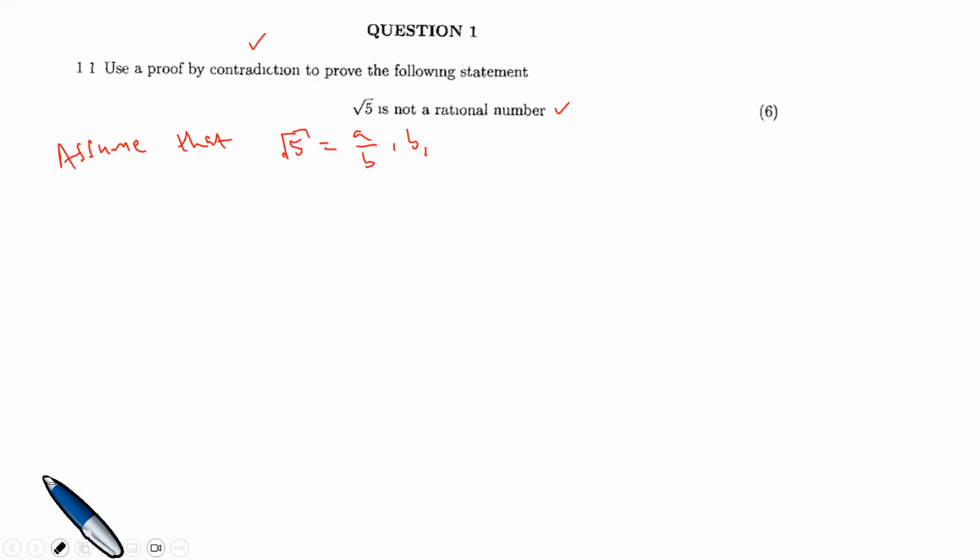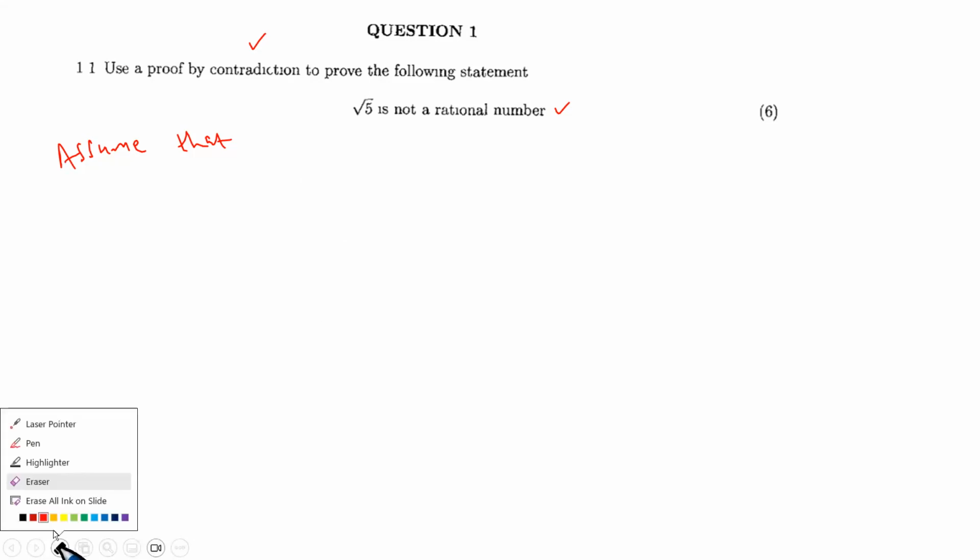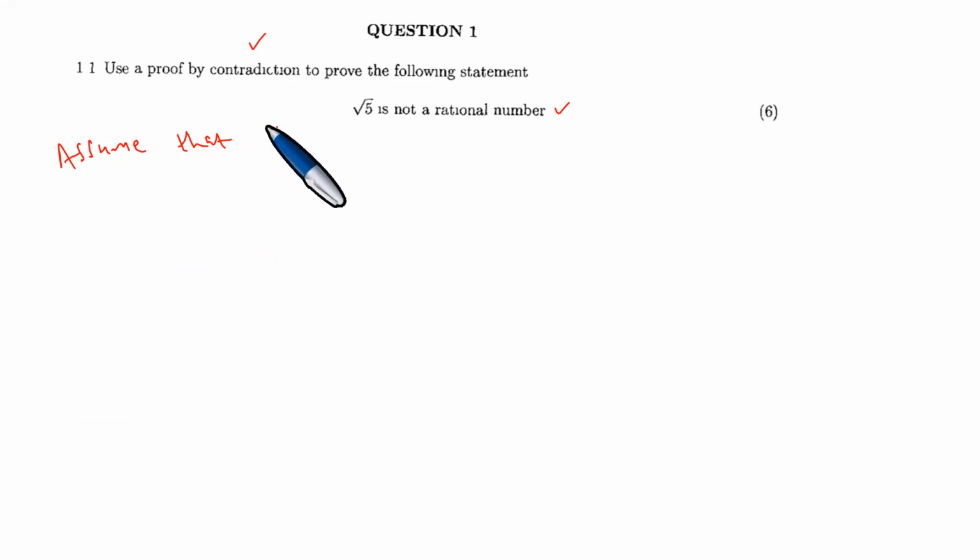Assume that, you can even say, assume that you have a rational number there. Assume that the square root of 5 is a rational number.